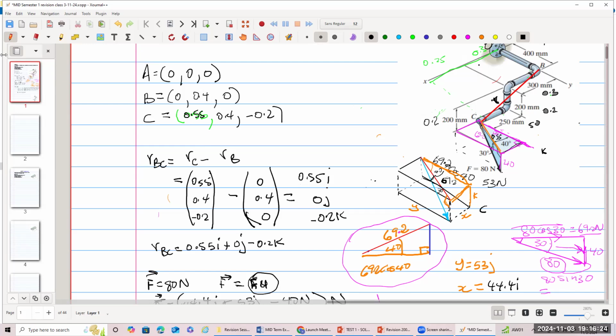And for the y, it would have been cos 30 times cos 40. And for the z, it will be sine 30, which is 0.5. So that is actually the unit vector for those. So the trigs can give you the straight unit vectors.